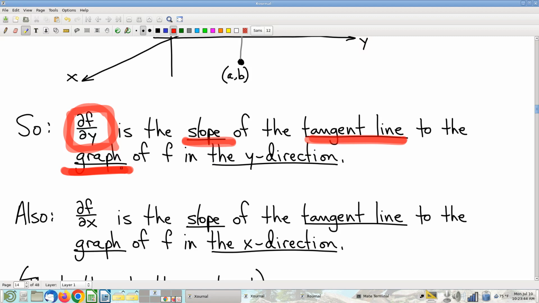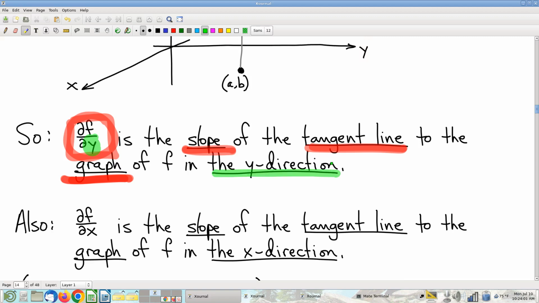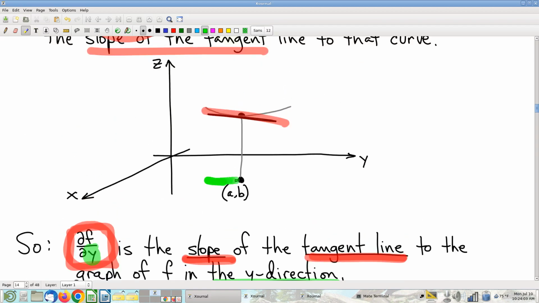So slope of the tangent line to the graph. Now we have to further clarify though, because again, there are various different partials. We're looking here specifically at the partial with respect to y. So we get the slope in the y direction. So as I move in the y direction.